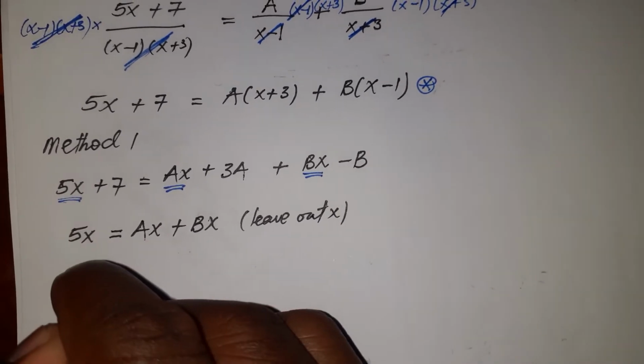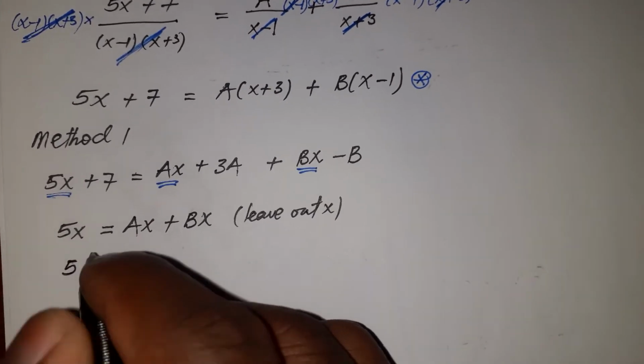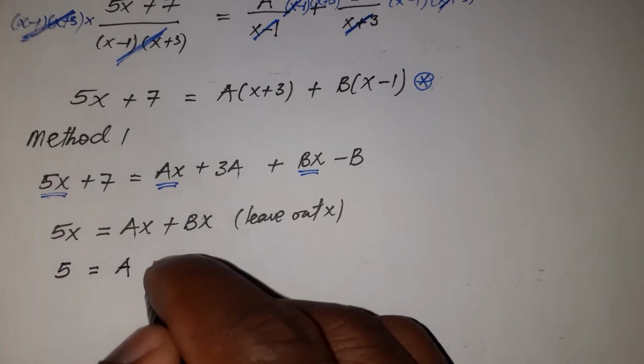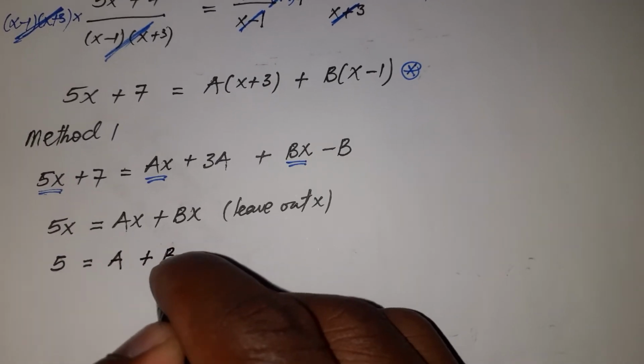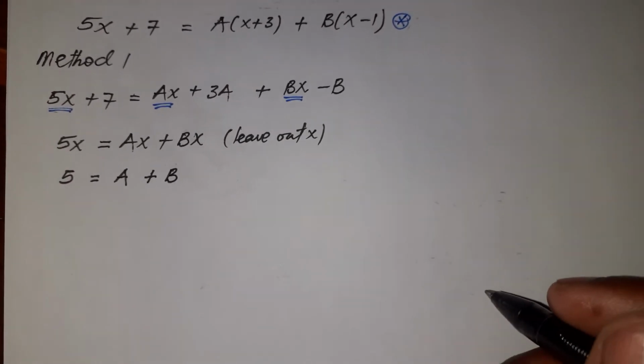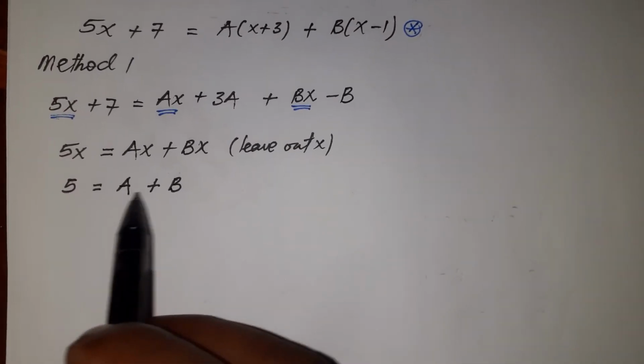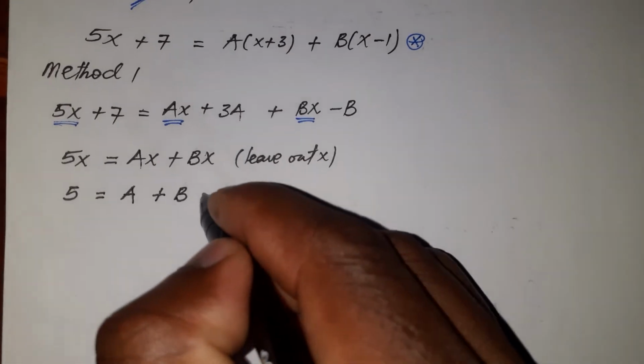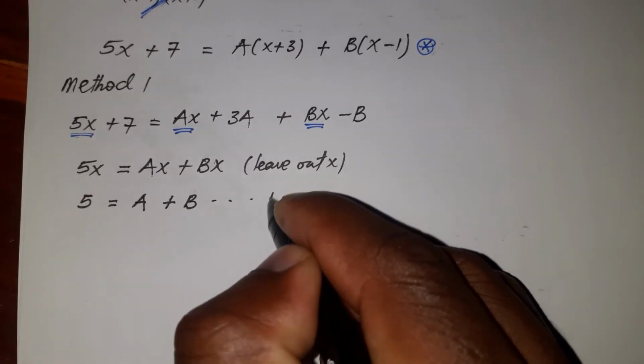Then we are going to have 5 equal to a plus b. The x's are now left out. After that, let this be equation number 1.